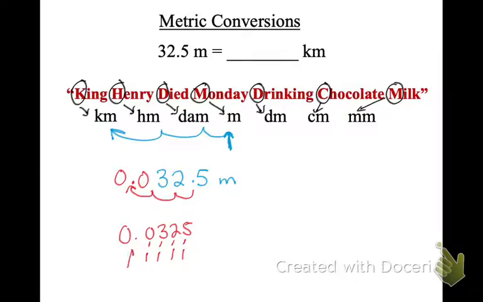We read the decimal as "and", 0 and 325 10,000ths. And it's kilometers. So 0 and 325 10,000ths kilometers.